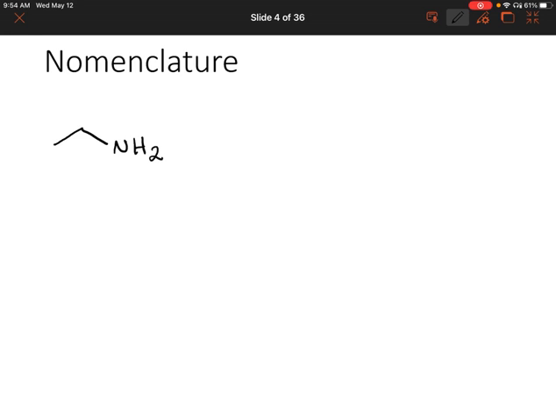We could call this ethylamine because it's pretty simple. We could also, let's say we have an isopropyl group bonded to a nitrogen there. We could just call this isopropylamine.